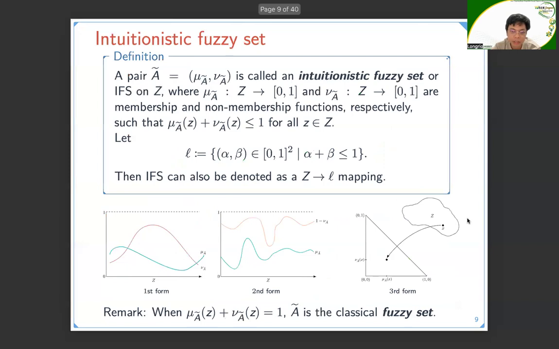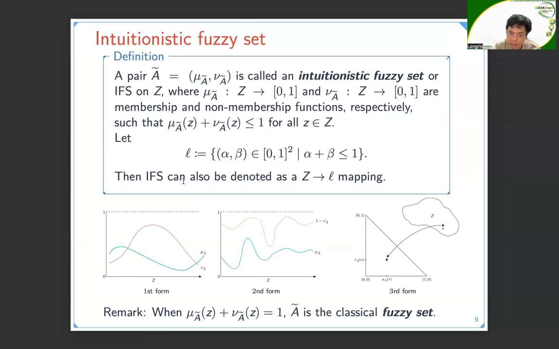This is the definition of an intuitionistic fuzzy set. We have two membership functions, the membership and the non-membership functions, which sum to less than or equal to 1. We can denote this set L as points alpha beta in this area, which sum to less than or equal to 1.